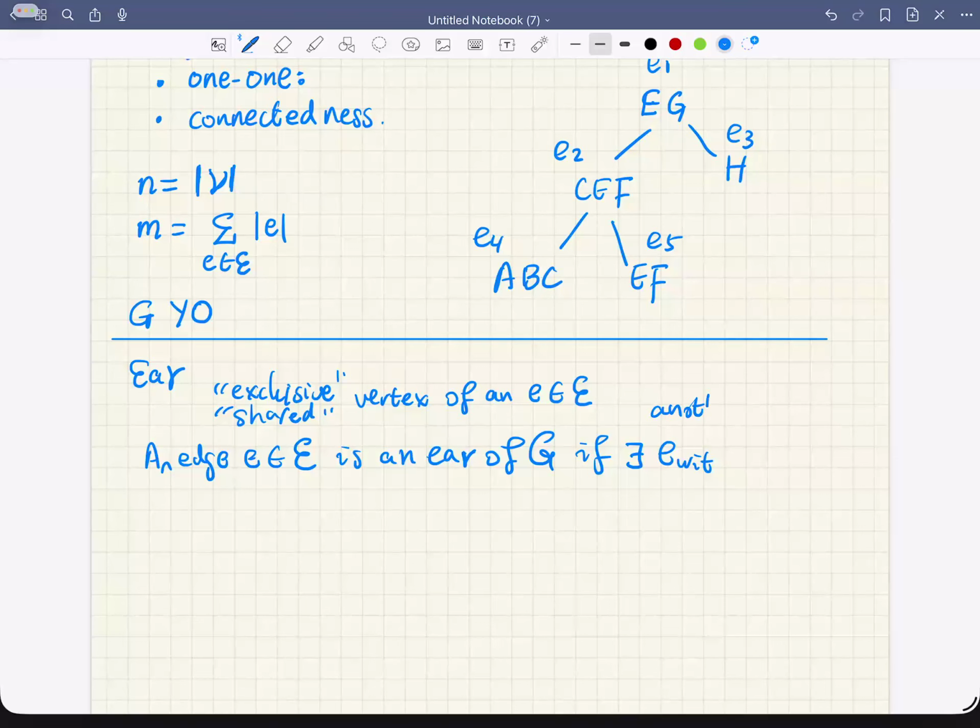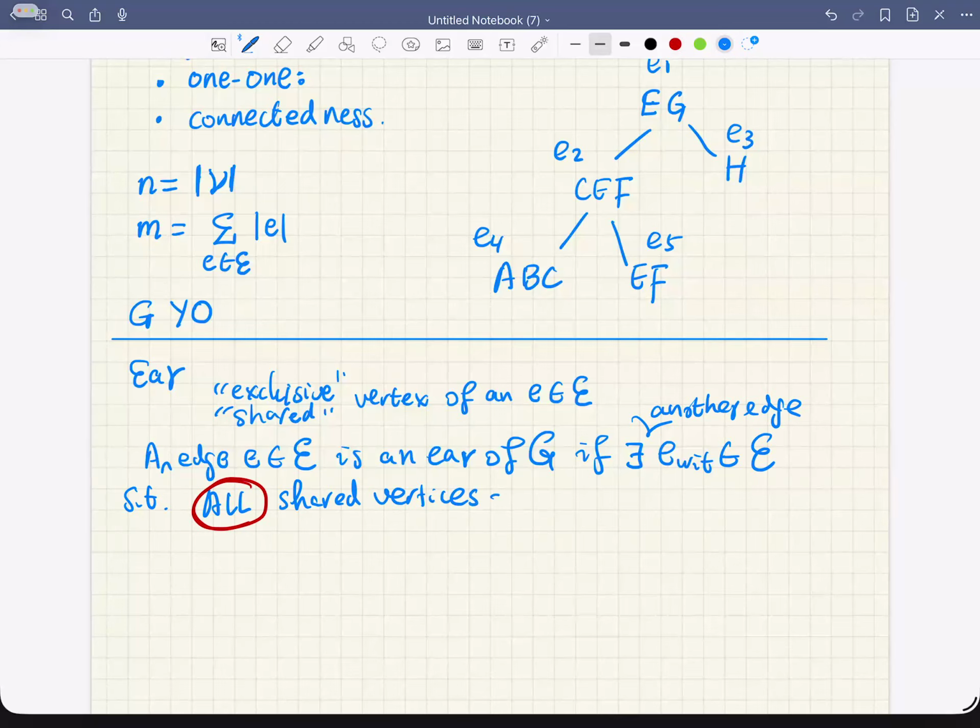This is another edge, something different from E, such that all, I emphasize all, shared vertices of E are in the witness edge.